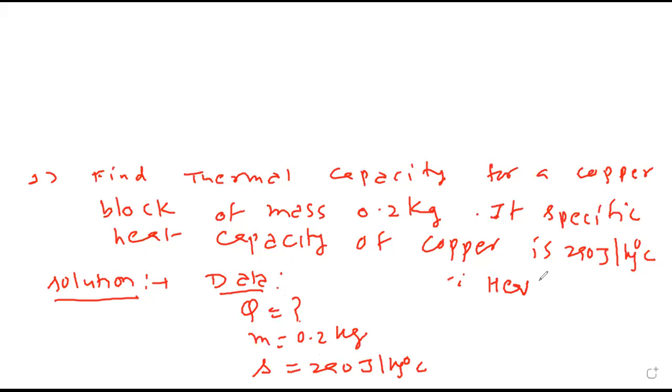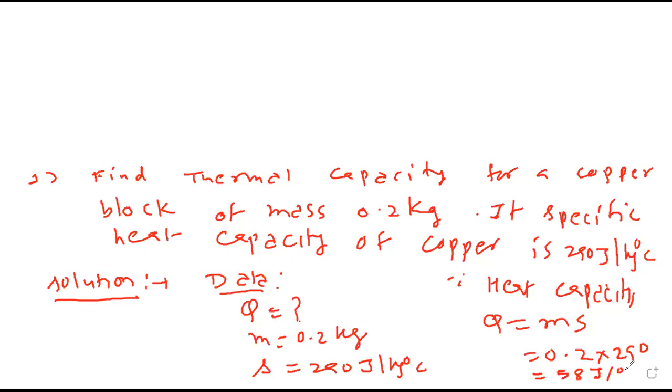So since heat capacity is Q equals mass into specific heat, that is 0.2 into 290, which becomes 58. Unit is joule per degree Celsius. Heat capacity unit joule per Celsius. Complete.